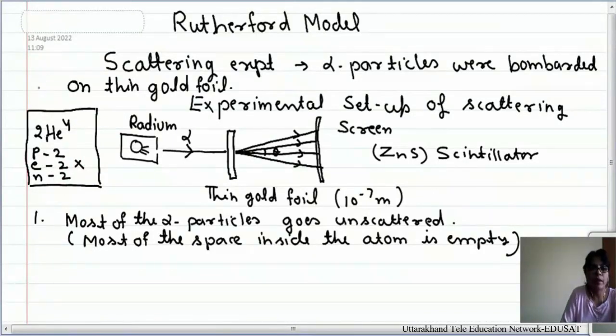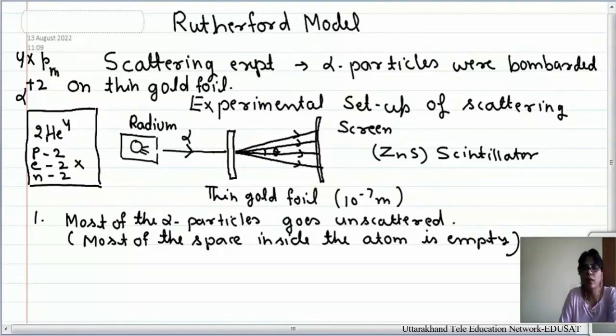Therefore, alpha particle has a charge of +2, and it has a mass equal to 4 times the mass of a proton. The mass of a proton is equivalent to the mass of a neutron. Actually it is 2 protons and 2 neutrons, but we can assume the total mass is about 4 times the mass of the proton.